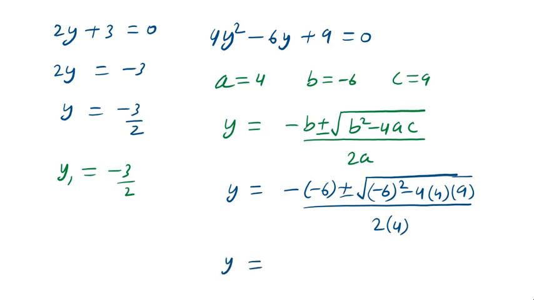Then y is equal to minus multiplied by minus 6, which gives plus 6, plus minus square root of (minus 6) square is 36 minus 4 times 4 is 16, 16 times 9 is 144, over 2 times 4 is 8.